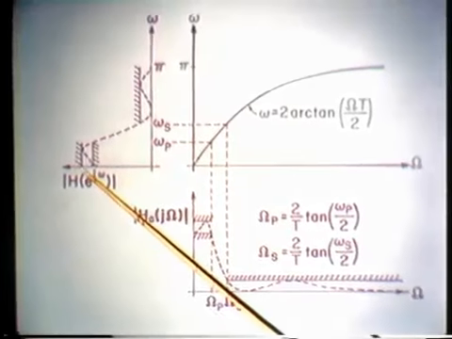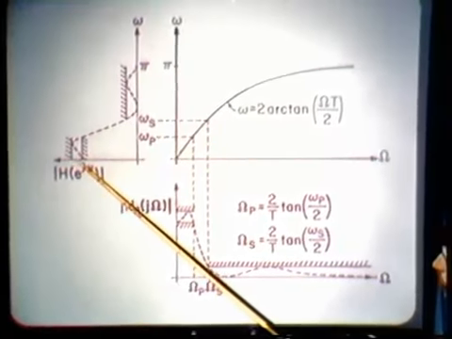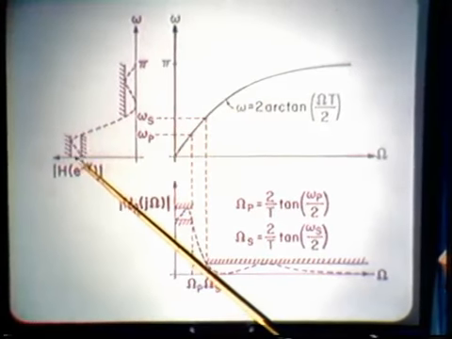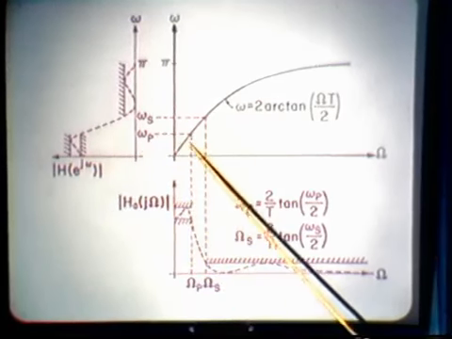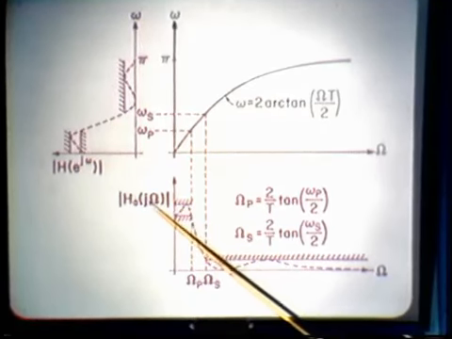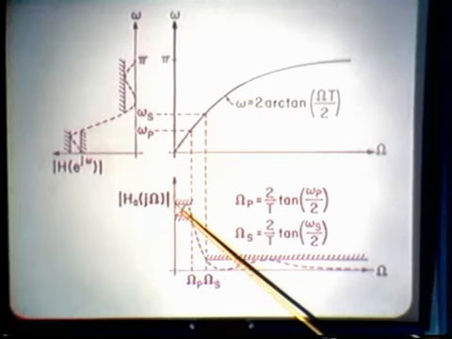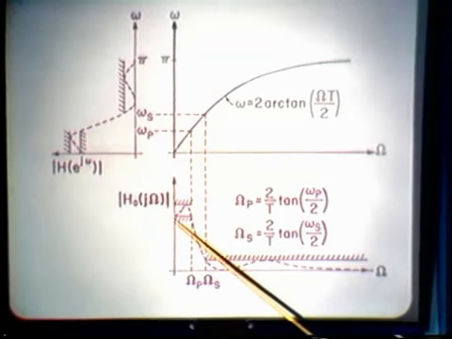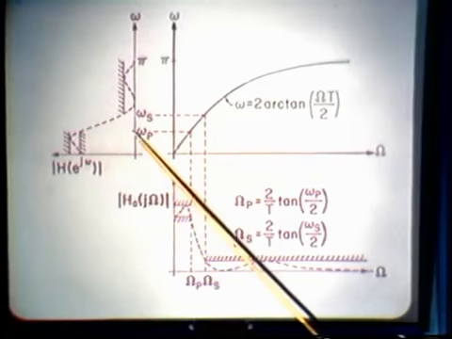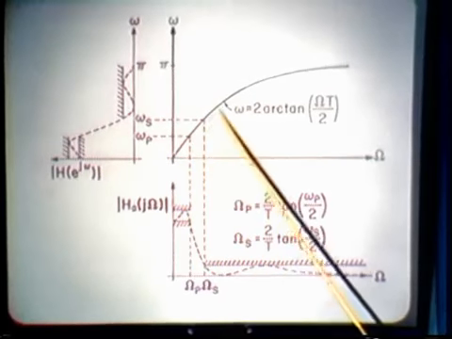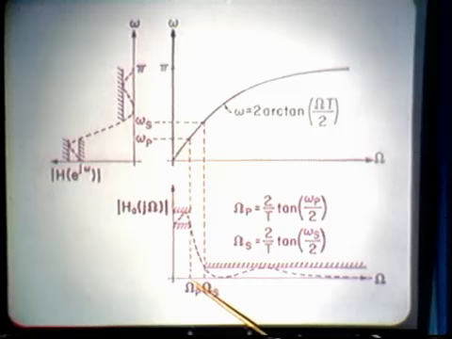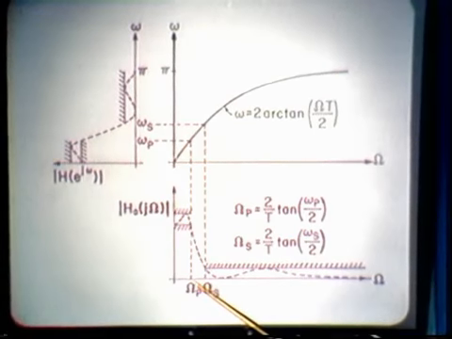Well, if the deviation in the digital filter was between 1 and 1 minus delta sub p, then that would get converted into specifications on the analog filter likewise between 1 and 1 minus delta sub p. The passband cutoff edge would get reflected through this nonlinear curve to a new analog cutoff frequency.